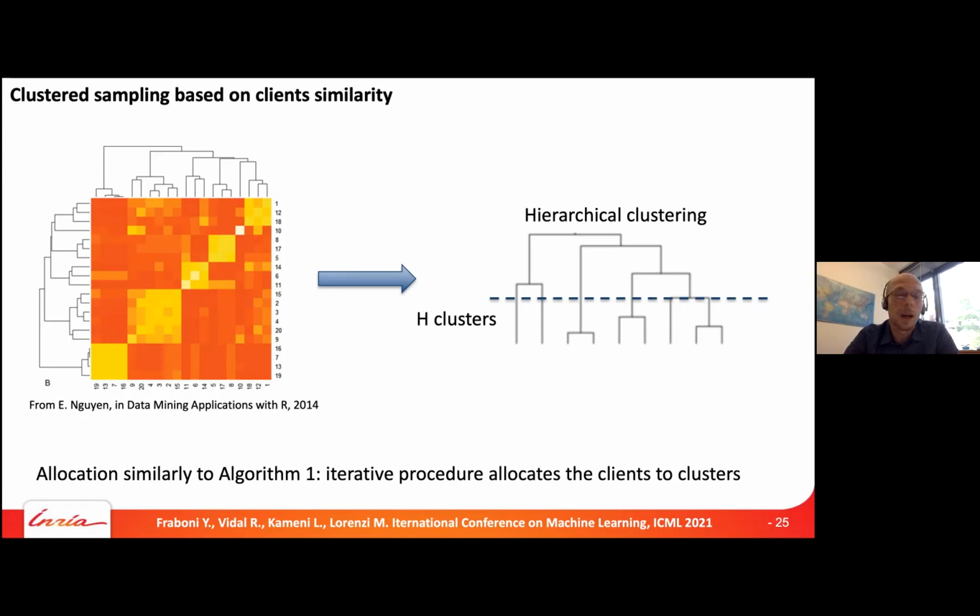And we can apply on the similarity matrix any sort of clustering approach, for example, hierarchical clustering. And we can cut the hierarchical clustering at any level to define a partitioning of the data. So the idea is that now we can think about what we did before with the elements of the clients, but now we don't have clients with their own number of data points, but we have partitions with their own number of data points.